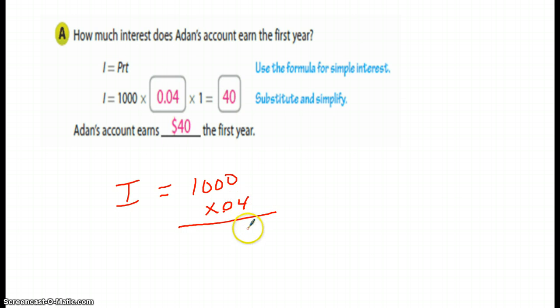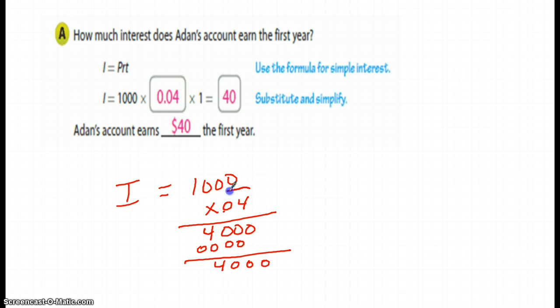So let's see. This is 0, this is 0, this is 0, and this is 4. Then, of course, 0 times anything is 0, 0, 0, 0. And we bring down 4, 0, 0, 0.